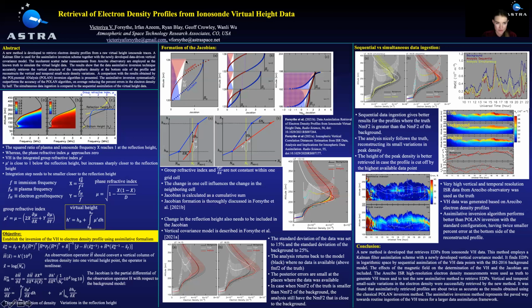Then we find the cumulative sum of these influences. These blue dots show the cumulative sum, which will be actually the Jacobian for this particular grid cell, because it doesn't account for the influence in the lower cell, because it's the first cell in the grid.